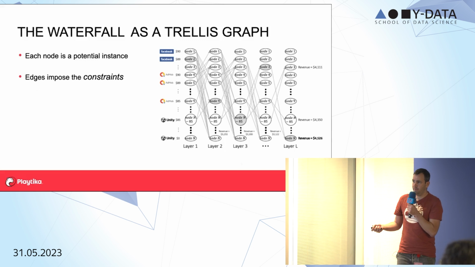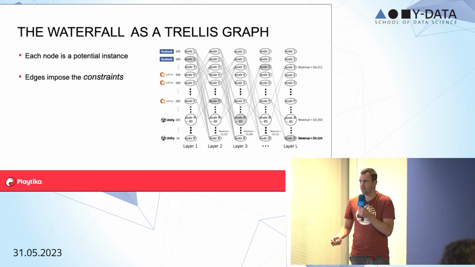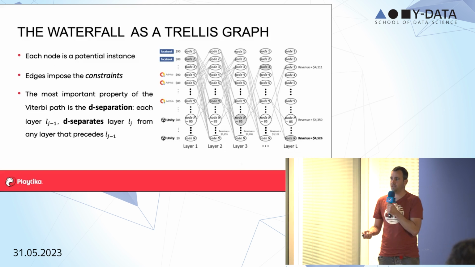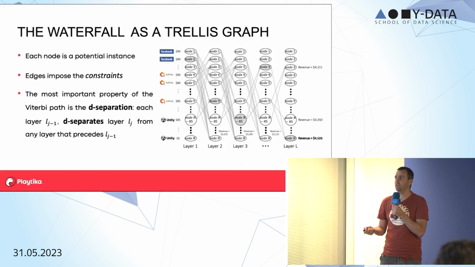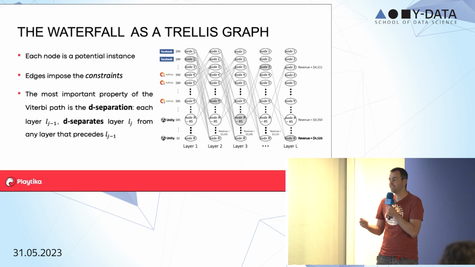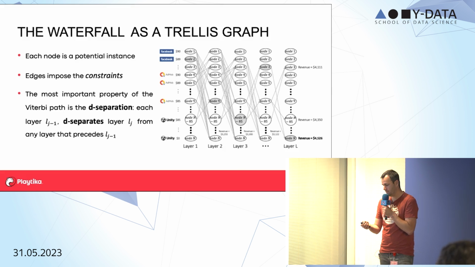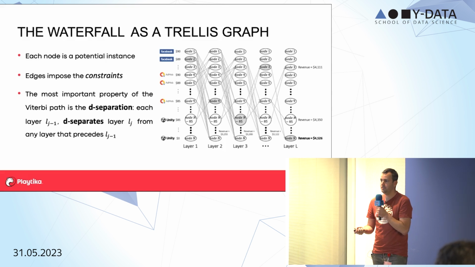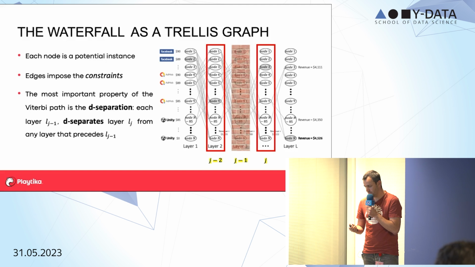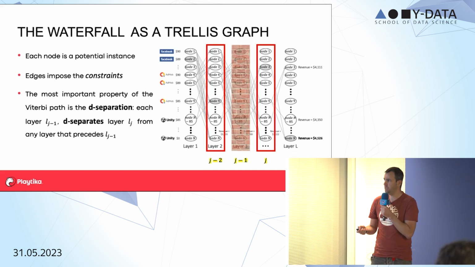A very important property of Viterbi is the dependency separation. Every layer separates the next layer and the one that precedes it. For example, in this case, layer J minus 1 separates the J layer from the J minus 2. This is an important property of Viterbi.